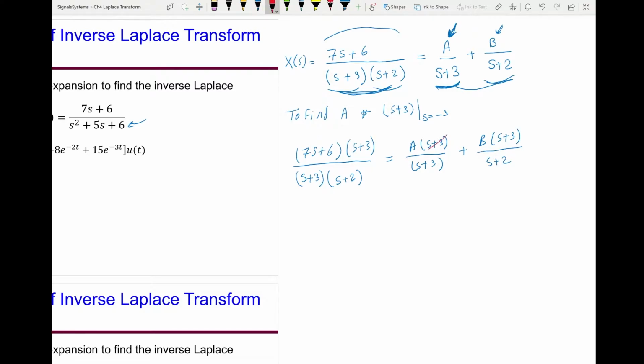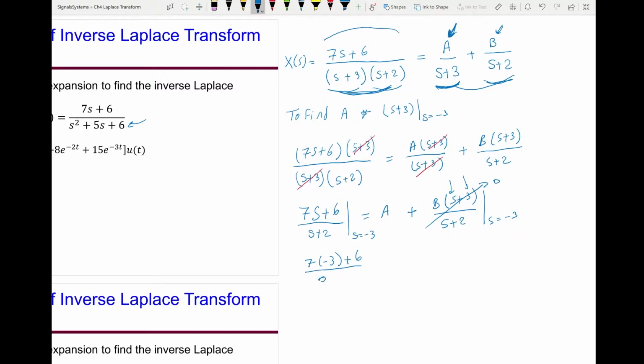Now s plus 3 cancels here and here, and I have 7s plus 6 over s plus 2 equals a plus b times s plus 3 over s plus 2. Now if I let s equal minus 3, minus 3 plus 3 is 0, so this term goes to 0. I end up with 7 times minus 3 plus 6 over minus 3 plus 2 equals a, and from here a equals 15.